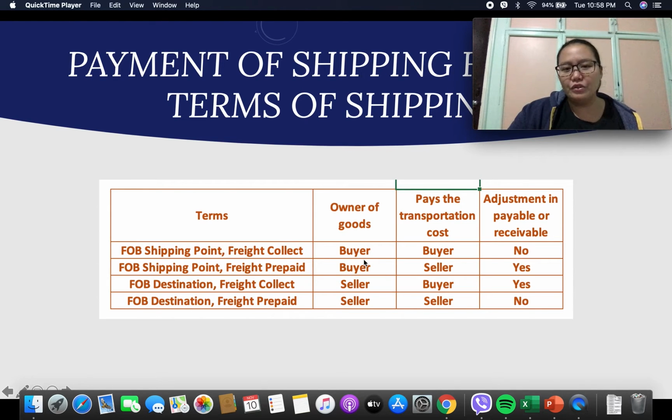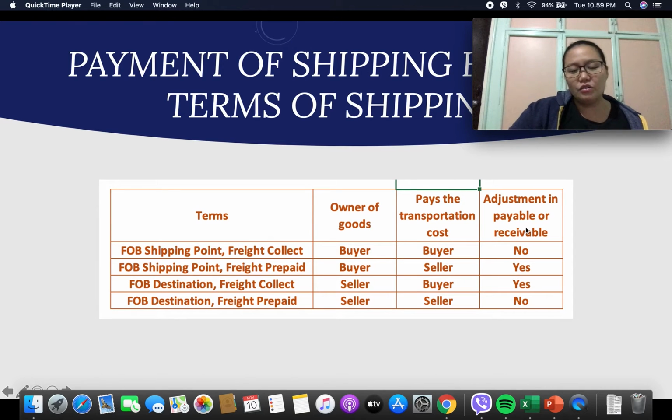The owner of the goods is the buyer, and the one who pays the transportation cost is the buyer. There is no problem with this, because the one who owns the goods should pay for the freight cost.